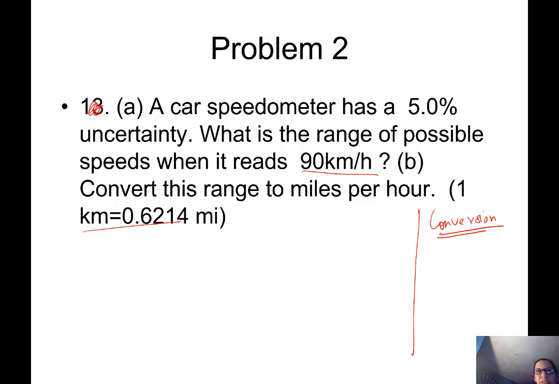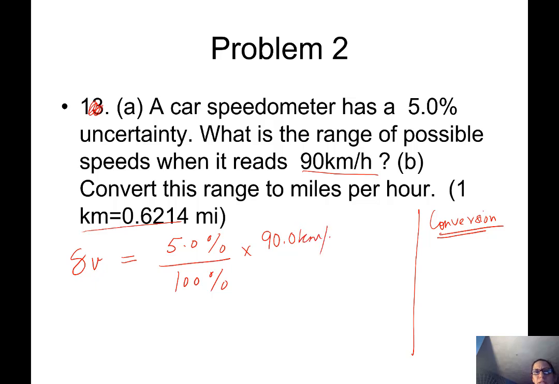So the car's speedometer has 5% uncertainty. Again, you'll do the speed. Let me denote the uncertainty in speed as delta V, and that's equivalent to 5% over 100%, same thing that we did in the previous problem, multiplied by 90.0 kilometers per hour, keeping all of them in the proper decimals.